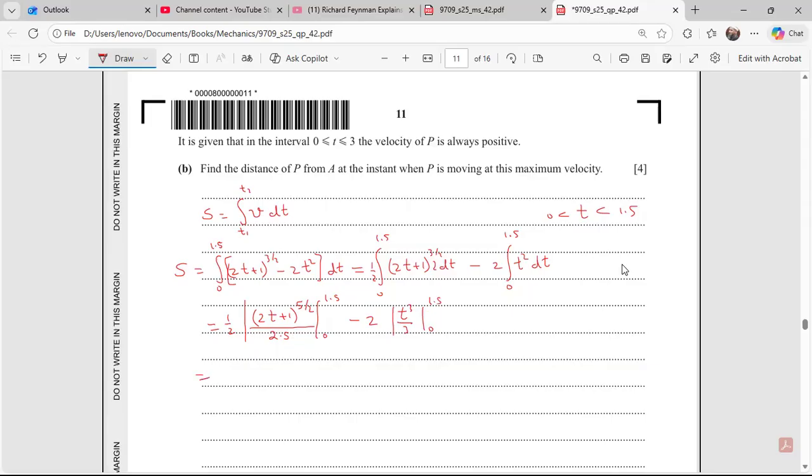So 2 times 2.5 is 5, 1 over 5. When I put upper limit, 1.5 times 2 is 3, 3 plus 1 is 4, 4 square root is 2 and 2 to the power 5 is 32. I hope I'm clear. And then I put 0, for t equal to 0 it is 1.